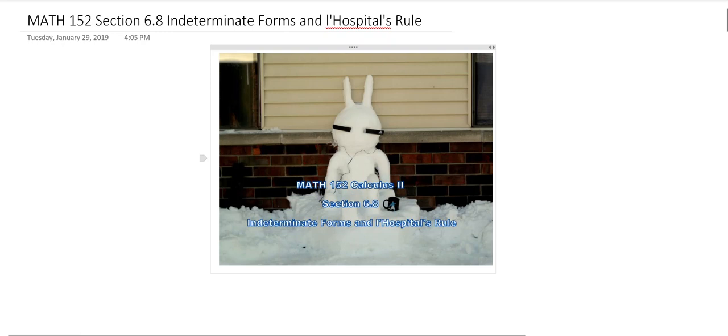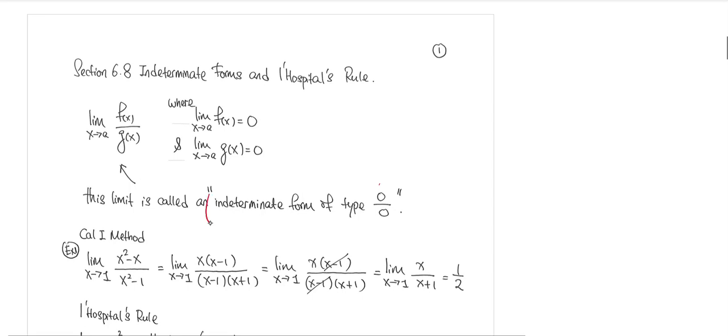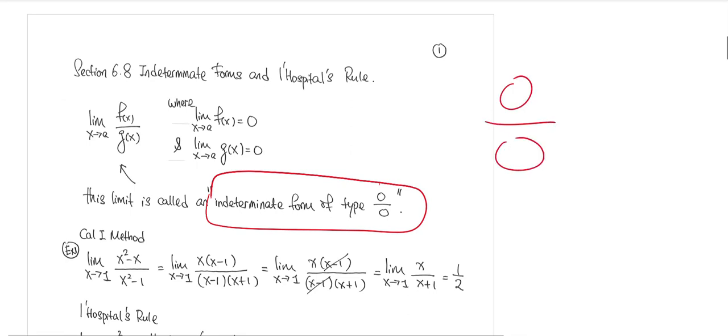Now, back to what we were discussing on Monday, we were talking about what we call indeterminate form of the type 0 over 0. Remember, 0 over 0 is never a thing in math, so we don't really talk about 0 over 0.